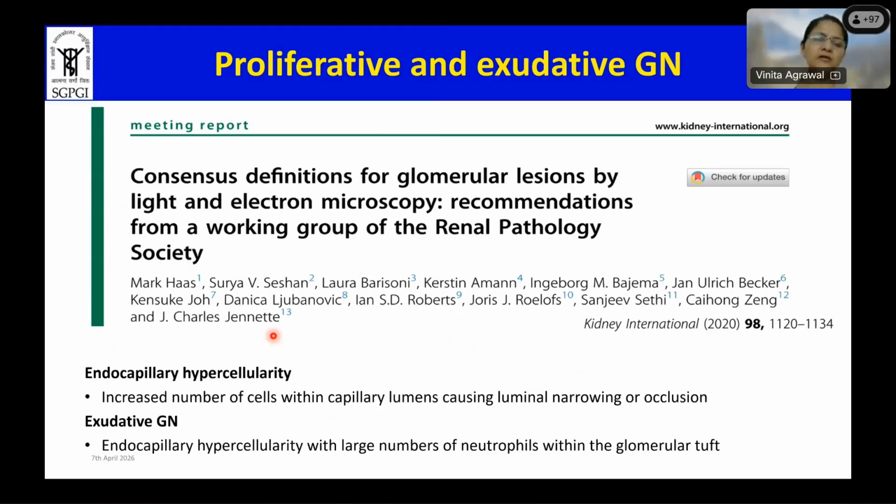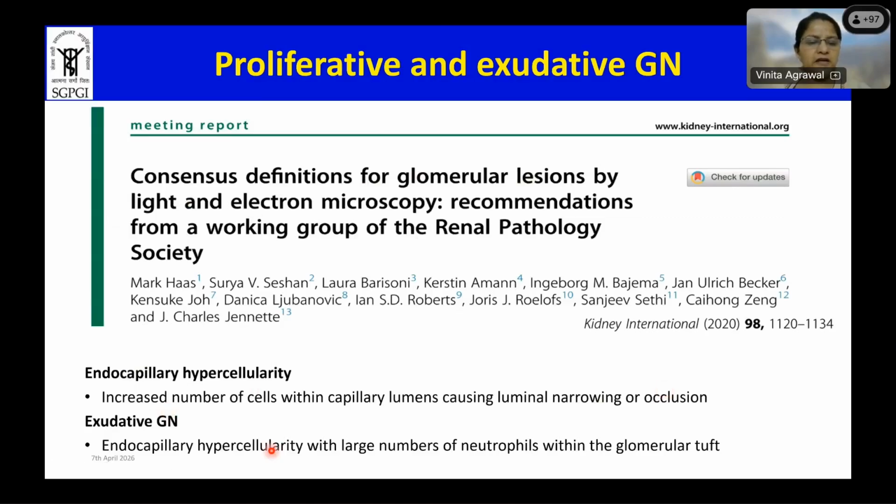I just wanted to point out that those who are interested in renal pathology can go through this paper, which is a nice paper which talks about consensus definitions for glomerular lesions by both light and electron microscopy. It is a nice paper. And what does it say about endocapillary hypercellularity? It defines it as increased number of cells within the capillary lumen which cause luminal narrowing or occlusion.